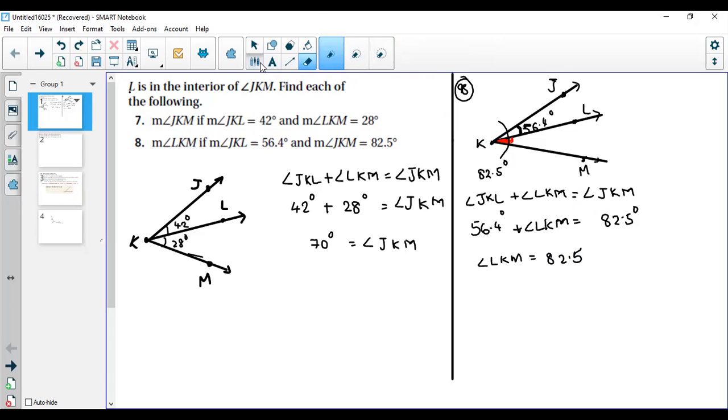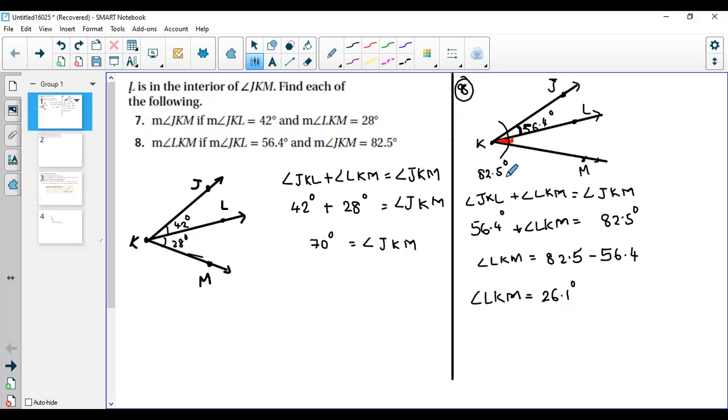Okay, 82.5 minus 56.4. Because it's plus here, so when it moves to the other side, it becomes minus. So therefore, angle LKM equals 26.1 degrees. 82.5 minus 56.4 will give you 26.1.